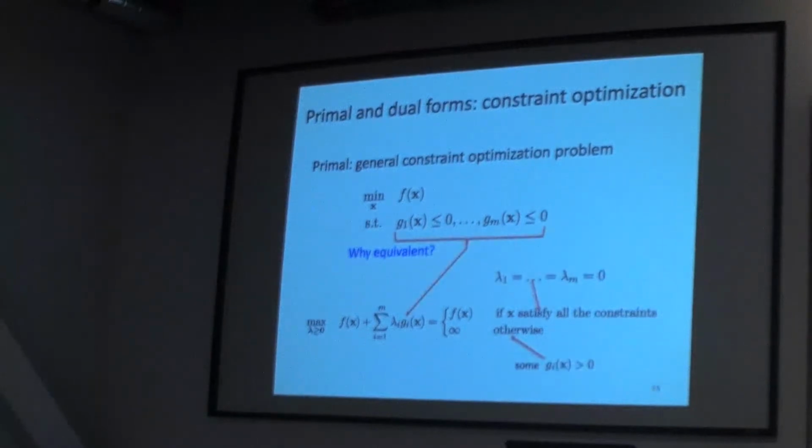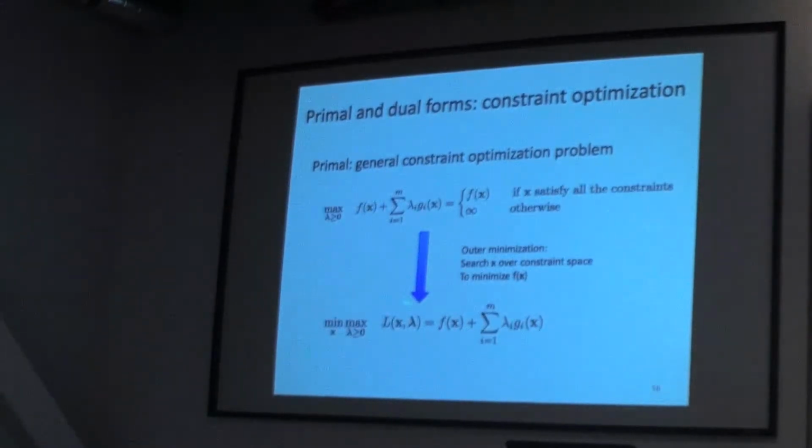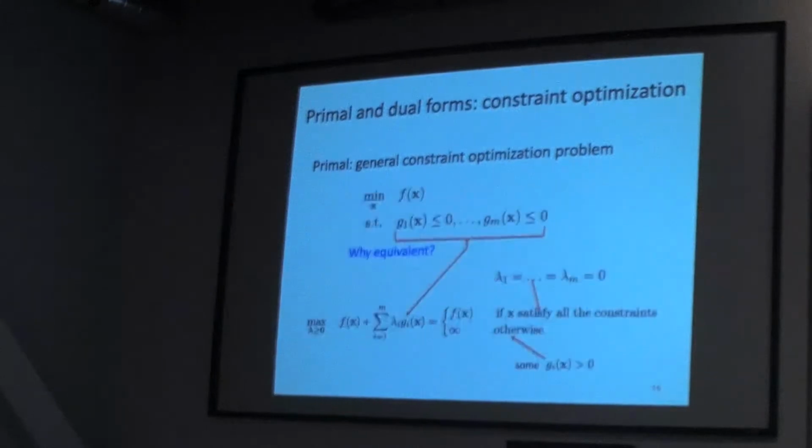So that's why, by rewriting it as a minimax problem, although we explicitly get rid of any constraints over x, solving this minimax optimization problem is still equivalent to minimizing f of x when x satisfies all these constraints.